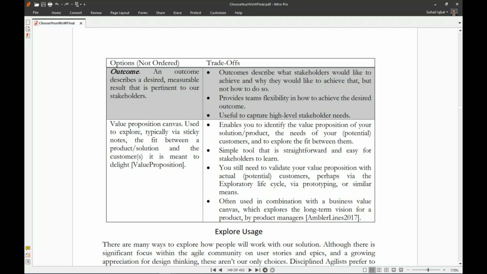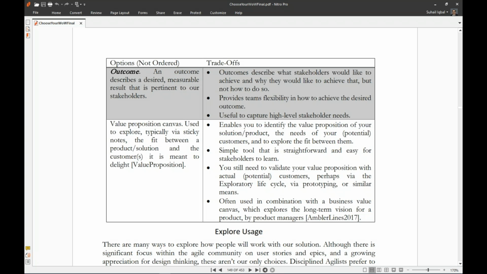Then we have got value proposition canvas, used to explore, typically via sticky notes, the fit between a product solution and the customer it is meant to delight. Various trade-offs: it enables you to identify the value proposition of your solution or product, the needs of your potential customers, and to explore the fit between them.